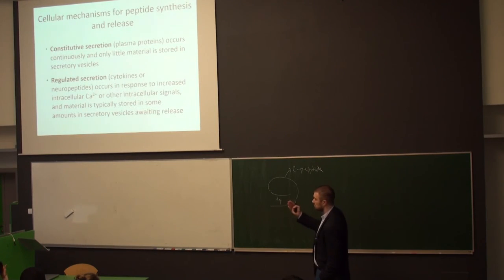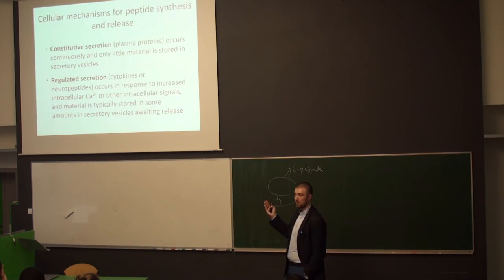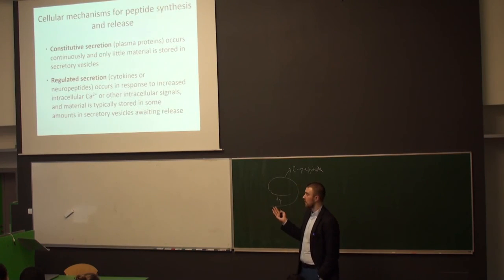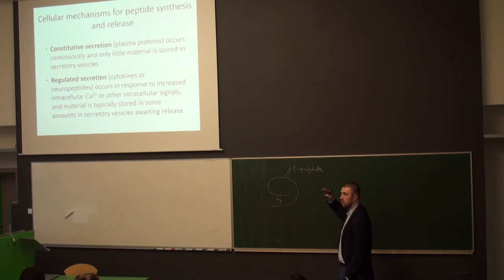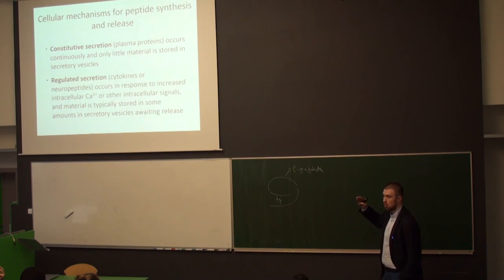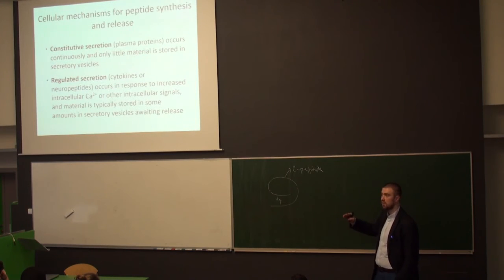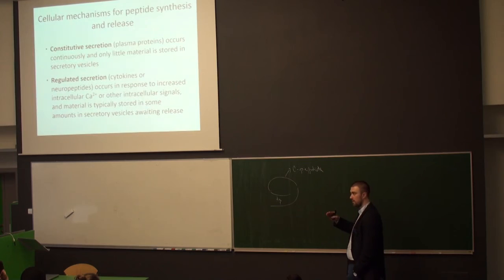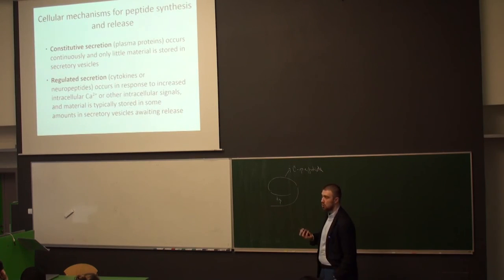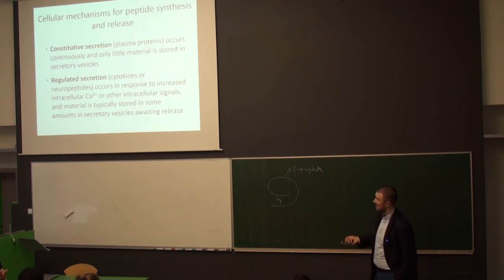And this signal can be, for example, for insulin, the increase of the blood glucose level. If you have an increase of blood glucose level, pancreatic beta cells will do the exocytosis of the secretory vesicles with insulin, and at one moment you will release quite big quantities. Or you can say in a short time, you will release a lot of signaling molecules.